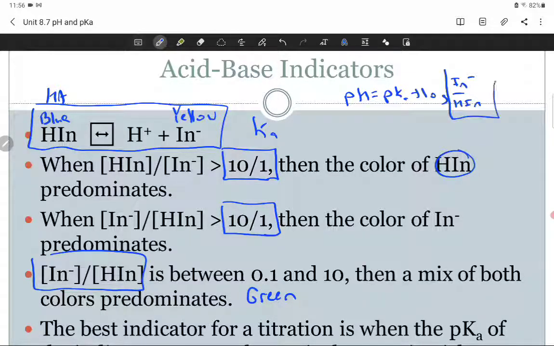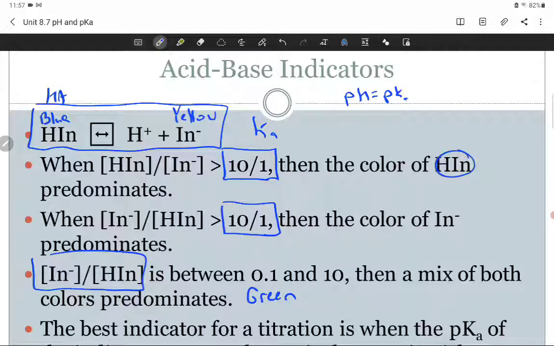If these two items are close to the same amount of each other, then dividing those two would give you 1. Log of 1 is 0. So pH would equal pKa when you have an equal amount of HIN and IN minus.